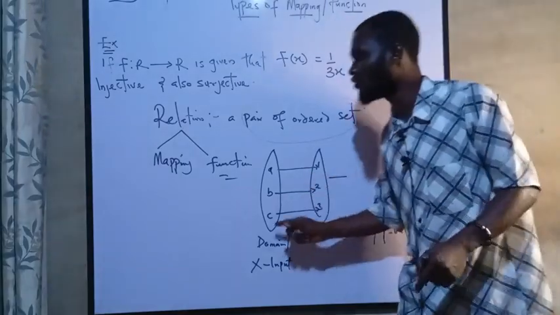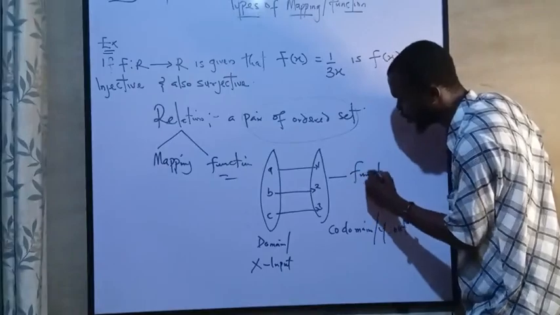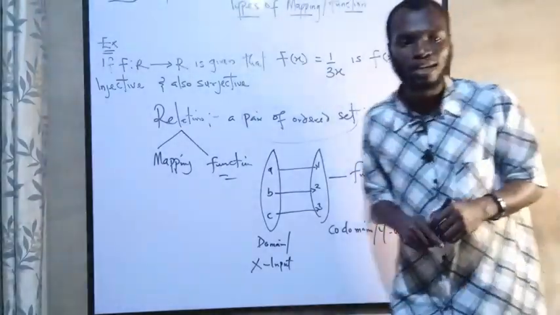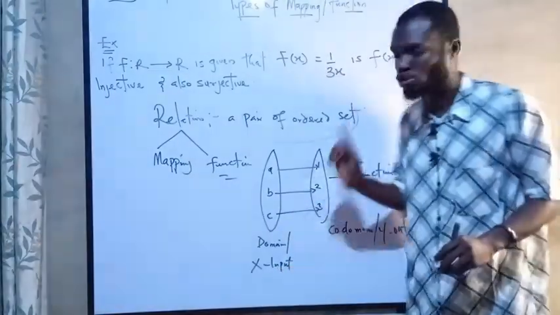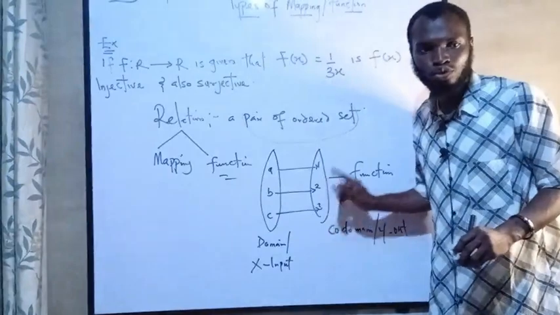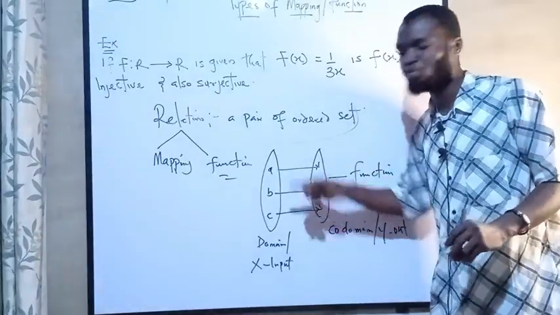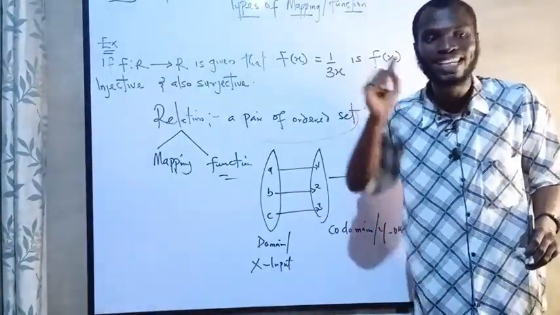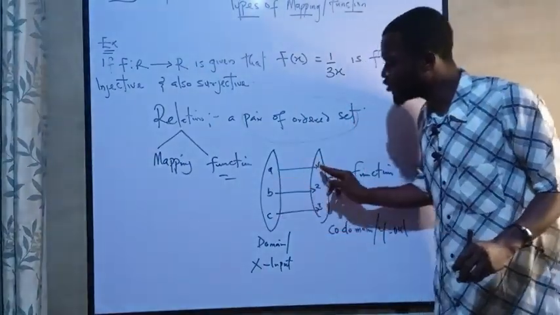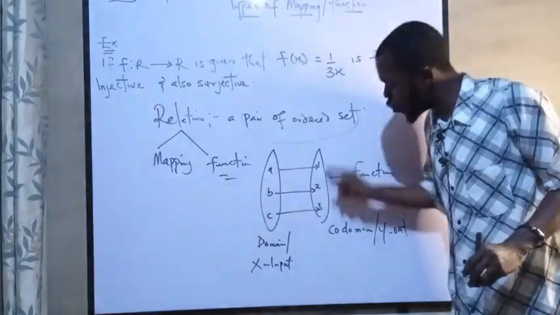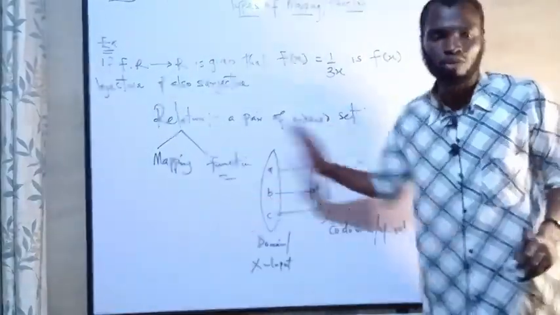When they ask you to identify whether it is a mapping or a function, this one is a function, not just a mapping, because an input X must not pair with more than 1. It must pair only with a single element. When A pairs with more than 1 here, it becomes a mapping, not a function.